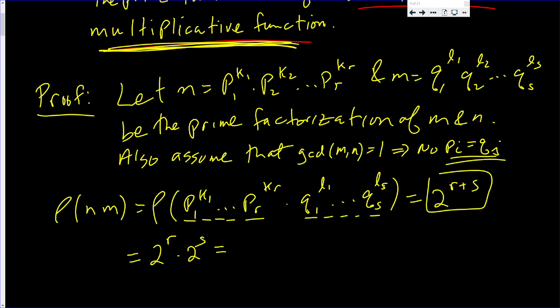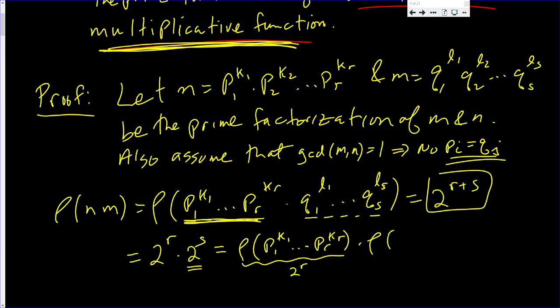But 2 to the r, well, rho of that is 2 to the r. I can use a different number that has r distinct primes, but I'd be foolish if I did that. You'll see in a moment why. So this here is 2 to the r, distinct primes, times rho of 2 to the s. That means I want what's in here to have s distinct primes.